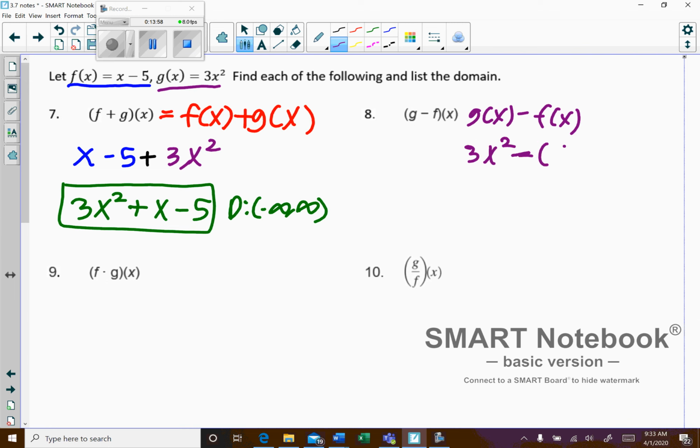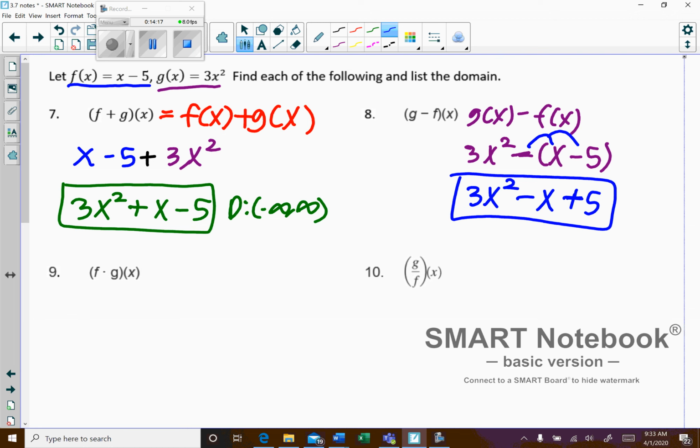When you subtract, you want to put it in parentheses to be careful, because that is going to be distributed to both of those. So we end up with 3x squared minus x, and then that will turn to a plus 5, and everything looks good. And then once again, the domain is just going to be from negative to positive infinity. That's it.